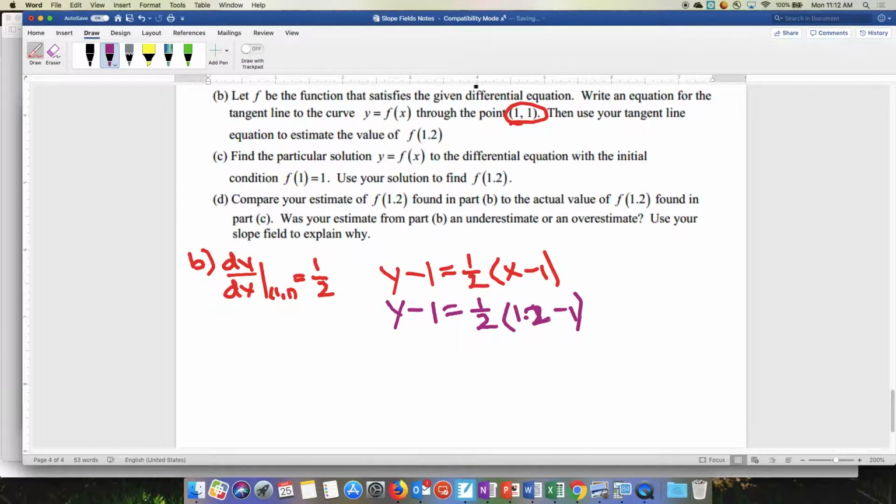Point two divided by 2 is 0.1, right? So when we add over that 1, we get 1.1. So f of 1.2 is approximately 1.1.